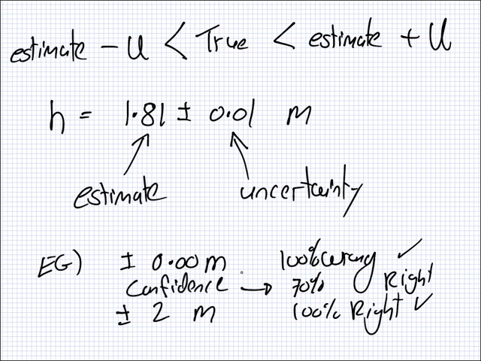We try to be 70% confident with our result. Some classes use 95%, some use 99%. It really depends on what you're studying. So if you're doing medicine, then you want to be 99% confident. If you're doing a physics experiment where you're just calculating the value of G, who cares if you get it a little wrong? It's not going to kill anyone. You know, so for this level of physics, we're 70% confident.